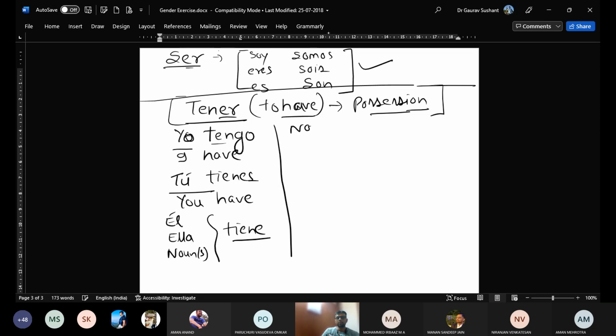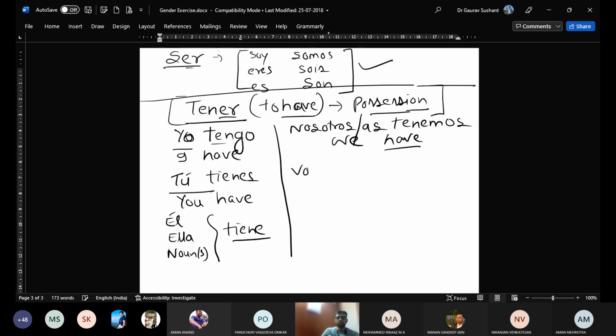Then the next one is nosotros, or we have nosotras also. I have explained this very extensively earlier. So it is tenemos, which is the form we will use. So nosotros or nosotras tenemos, so it will be we have.